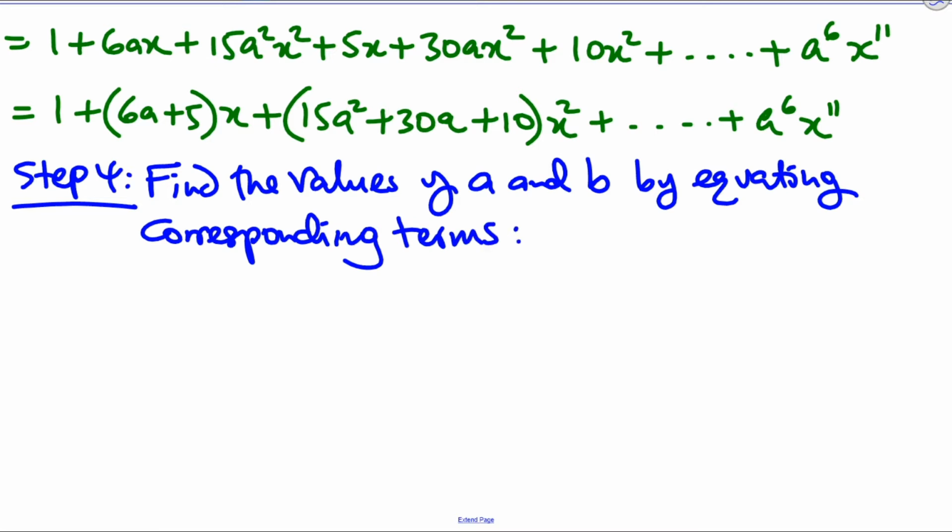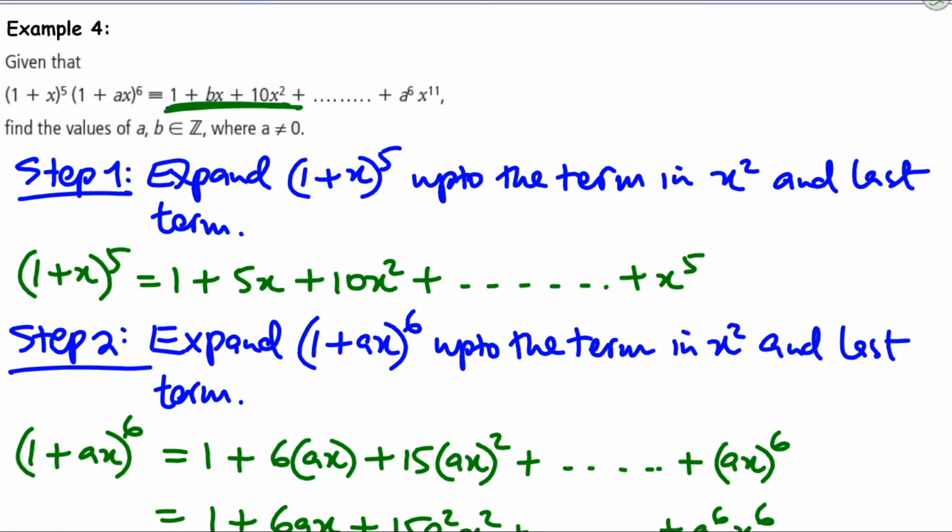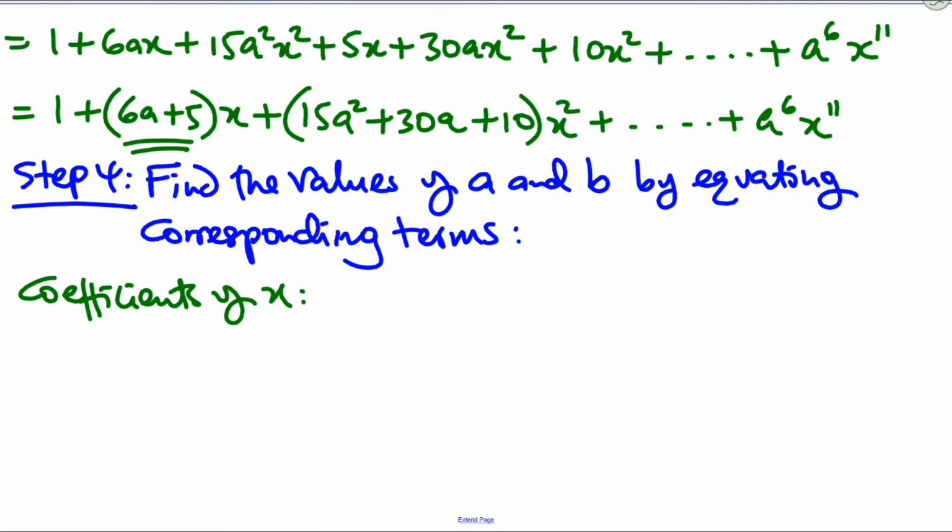So let's start with the coefficients of x. Our coefficient of x is this one here, and if you look at the expression above, it's b. So basically we can say that 6a plus 5 is equal to b.